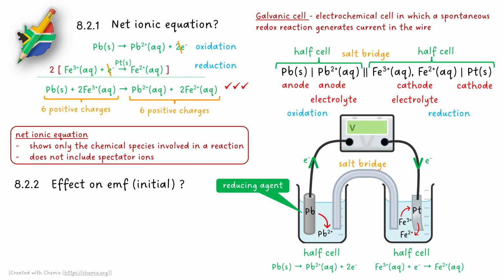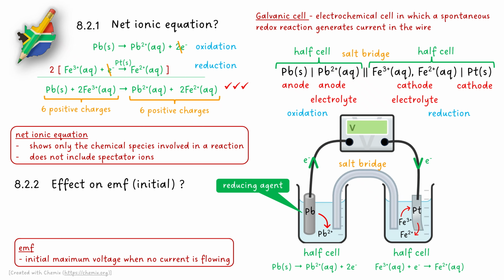And the difference in the electrode potentials of the two half cells will give a voltage reading on the voltmeter. The initial EMF is the voltage or potential difference before the reaction starts, when no current is flowing, when the circuit is open. And at this point, this voltage is at its highest, and it decreases over time when the reaction starts.